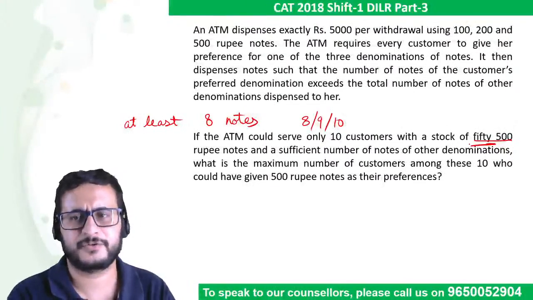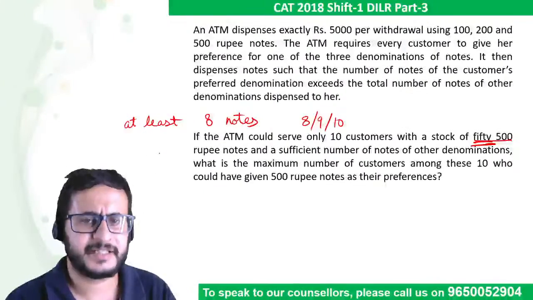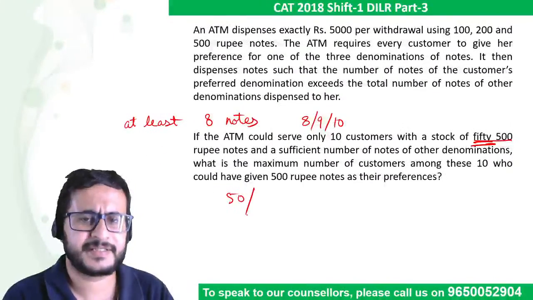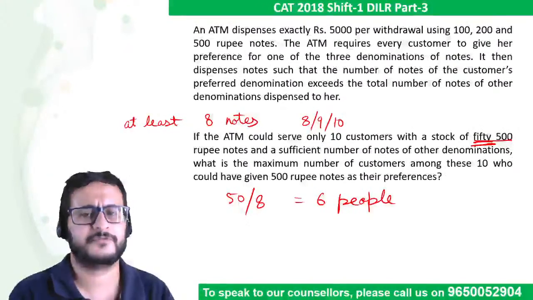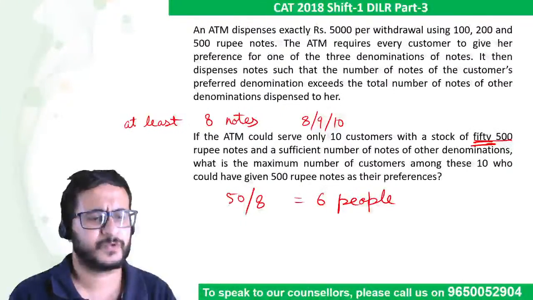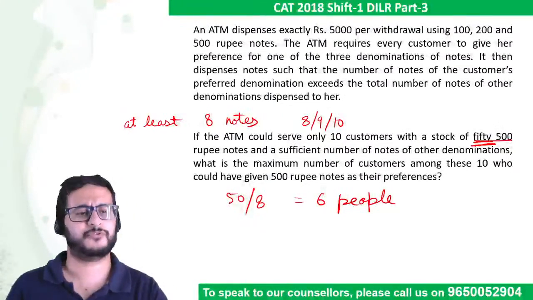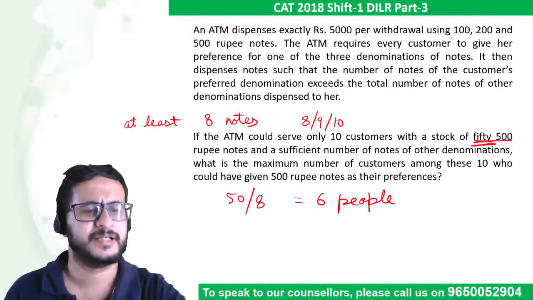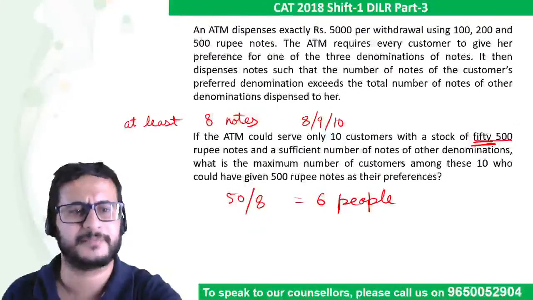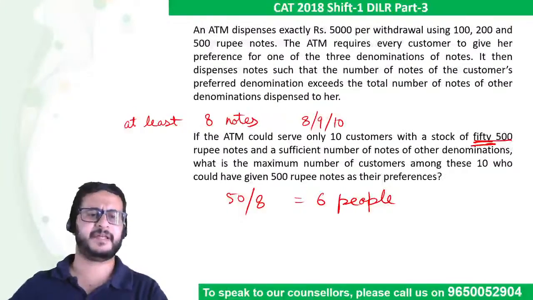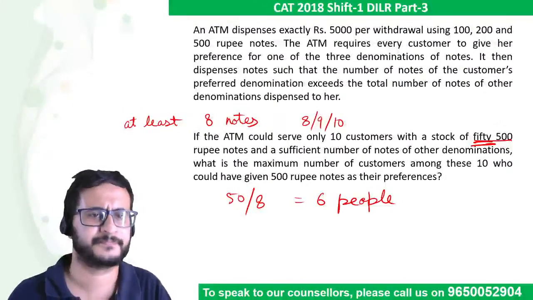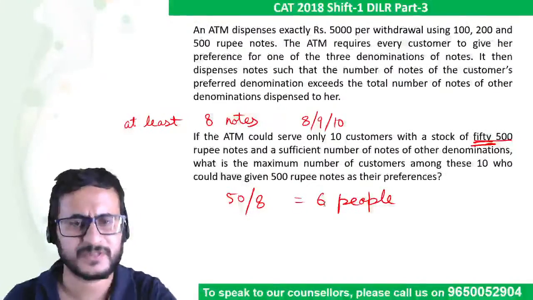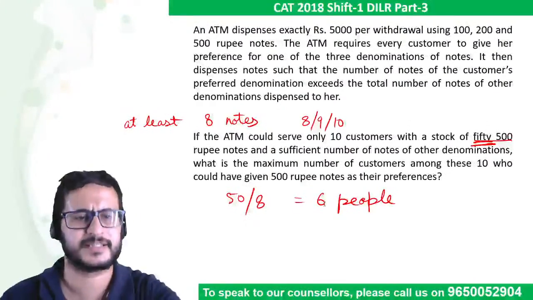Now there are 50 notes, and each one is getting at least 8 notes. So there could be only 6 people who could fulfill their criteria, otherwise it's not possible for more than that. So 50 by 8 is 6. The 7th person could get maximum 2 notes only. So the answer is 6.